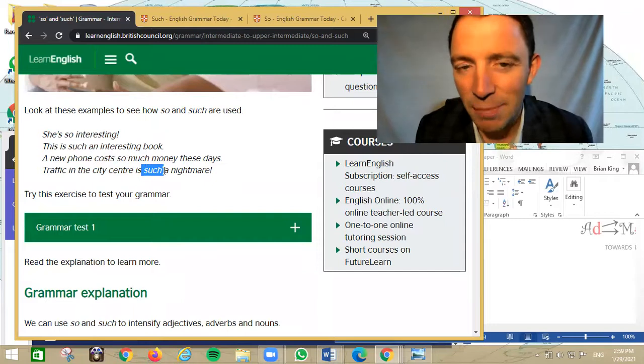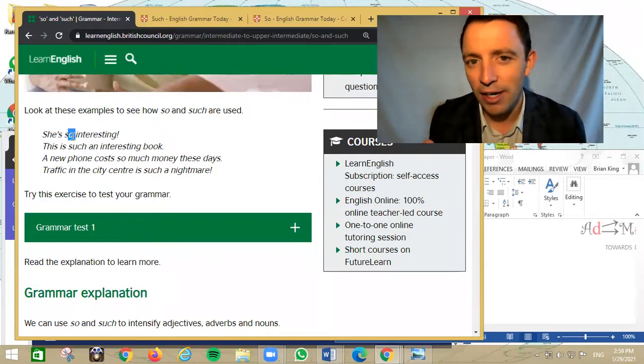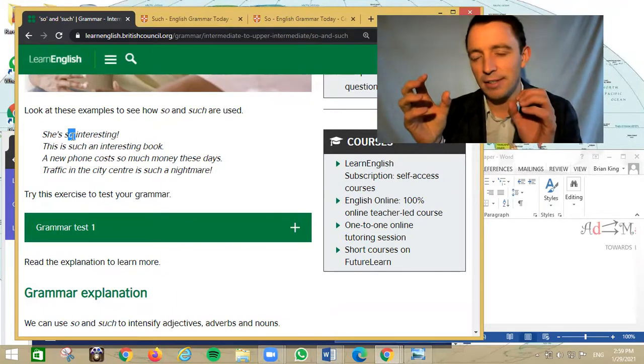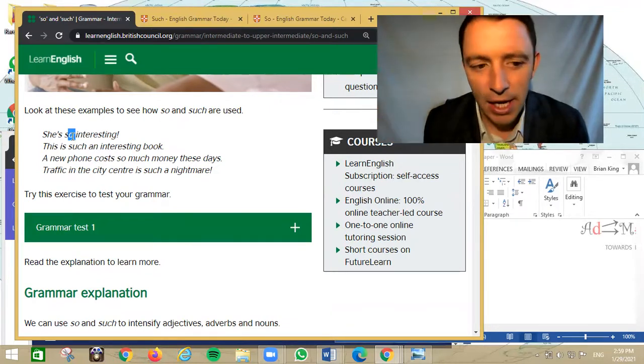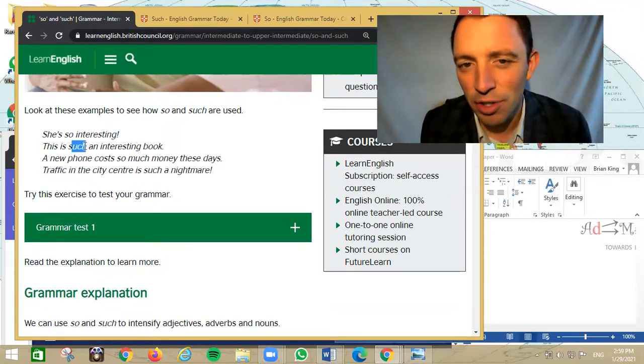The basic explanation here: so is usually before the adjective. So happy, so tired, so hungry. You have the so before the adjective to intensify, to increase the sensation of the adjective. The second example, such, is usually with the substantive, the noun.